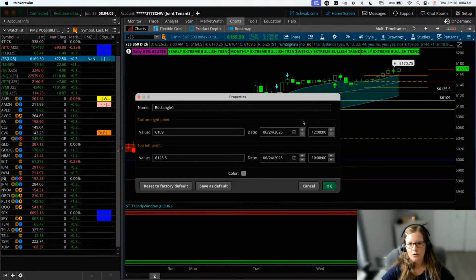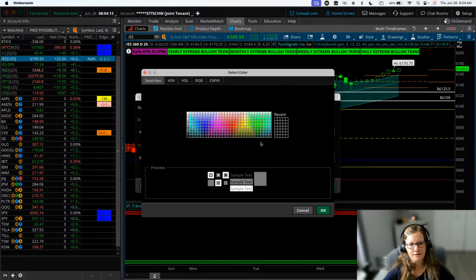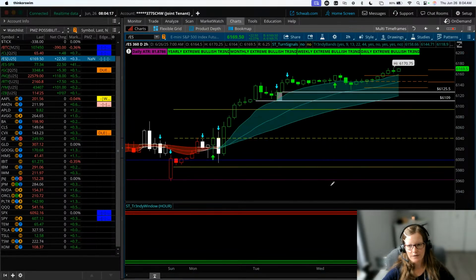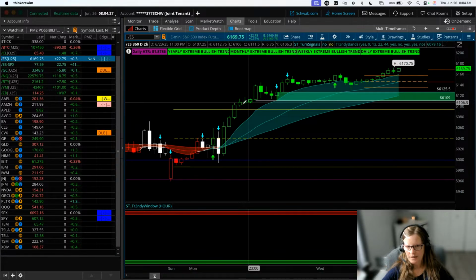I like to color code my zones, the zone to the downside or the demand zone. I like to make those green. So I'm going to go ahead and put that zone there. 61.25 to 61.09 is where I would expect buyers to show up. I also have an inside and up right here.